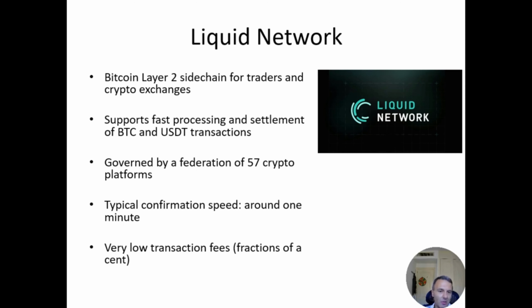As with the Lightning, it also has confirmation speed from anywhere from a few seconds to a minute, and also has very low transaction fees, a fraction of a cent. So the Liquid Network is an alternative to the Lightning Network. They pretty much do the same thing, but in addition to retail small value transactions that happen faster and cheaper, it's mainly used for traders and crypto exchanges.